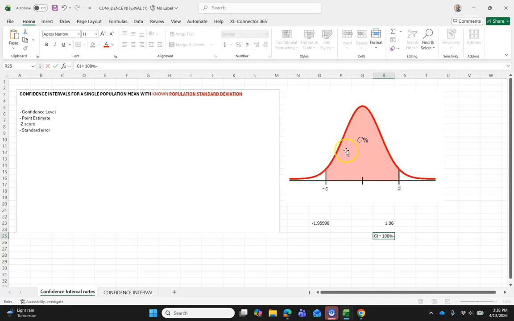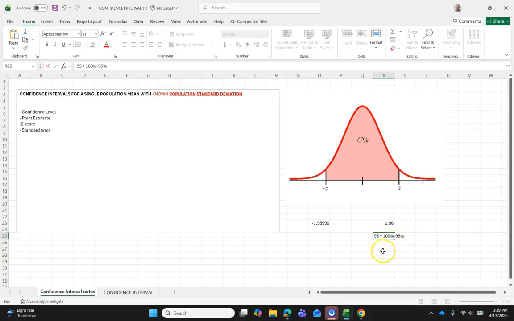Assume that this area is 95%, so minus 95%. And so this confidence level is 95%.